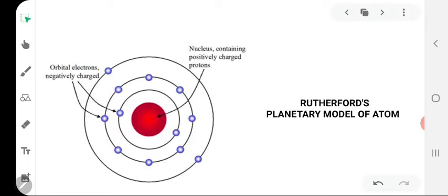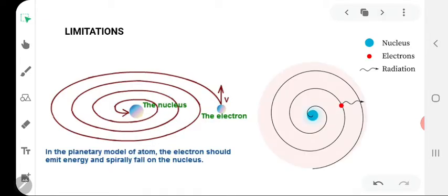With reduced energy, they must be drawn closer to the nucleus. Since the loss of energy is a continuous process, the electrons must come closer and closer to the nucleus. Ultimately, they must fall into the nucleus or become its part.